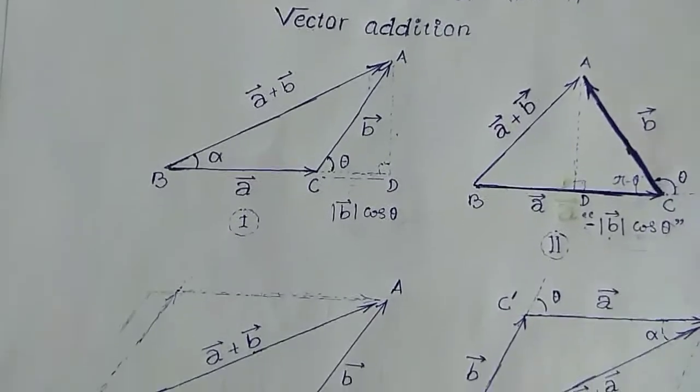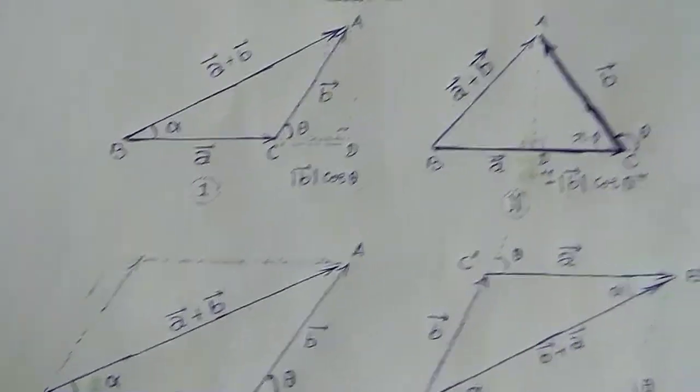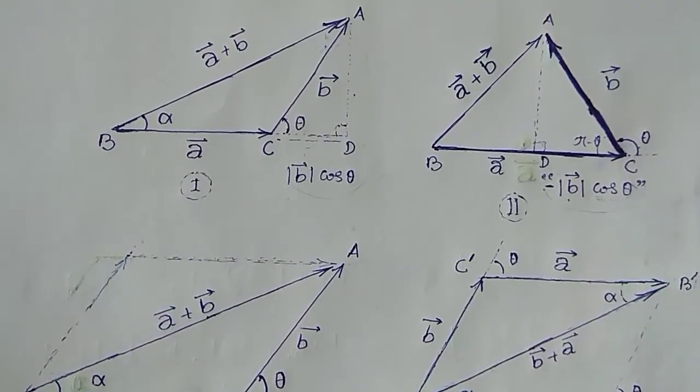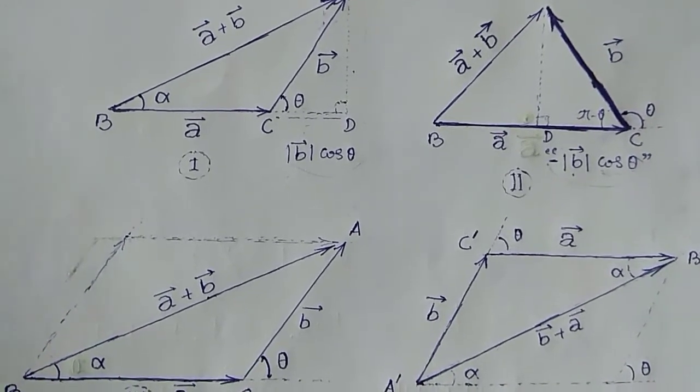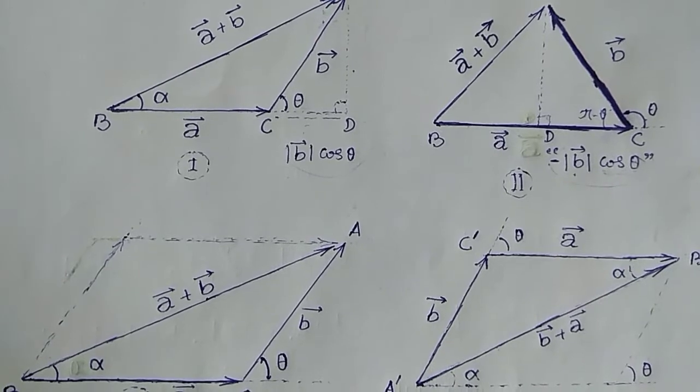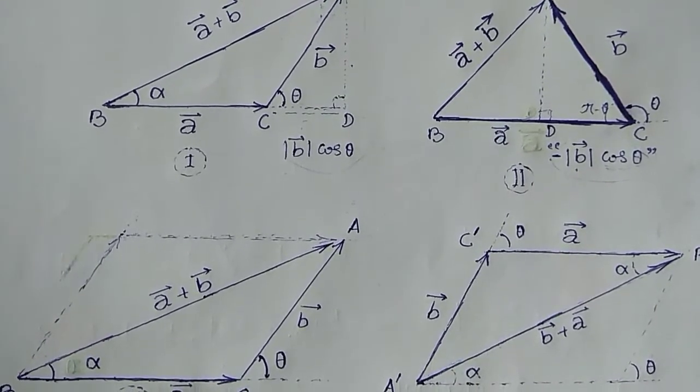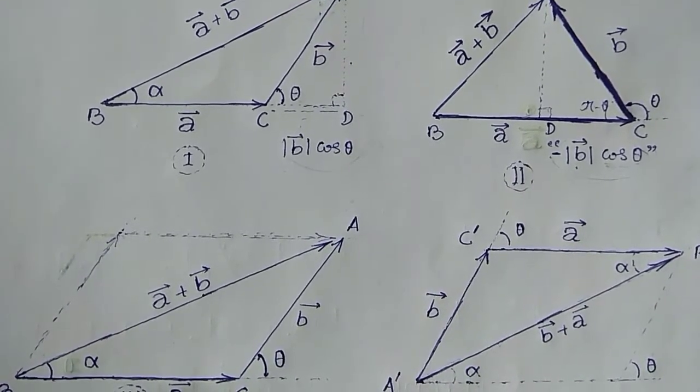Now we want to find BD, the length of BD. You see BD in figure 1 is greater than BC, and in figure 2 BD is less than BC.